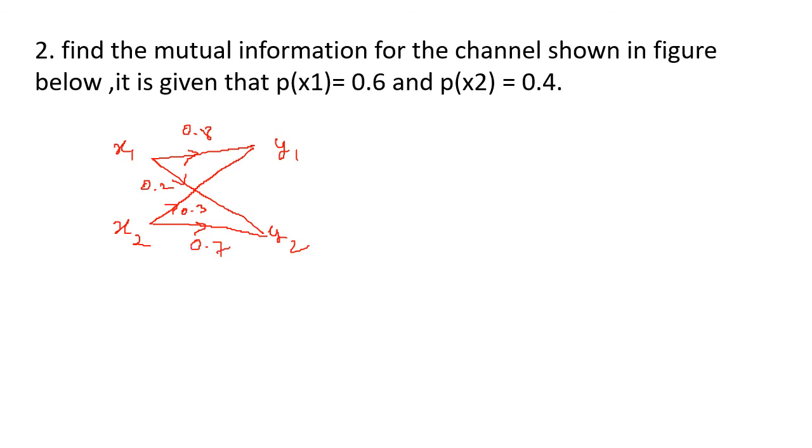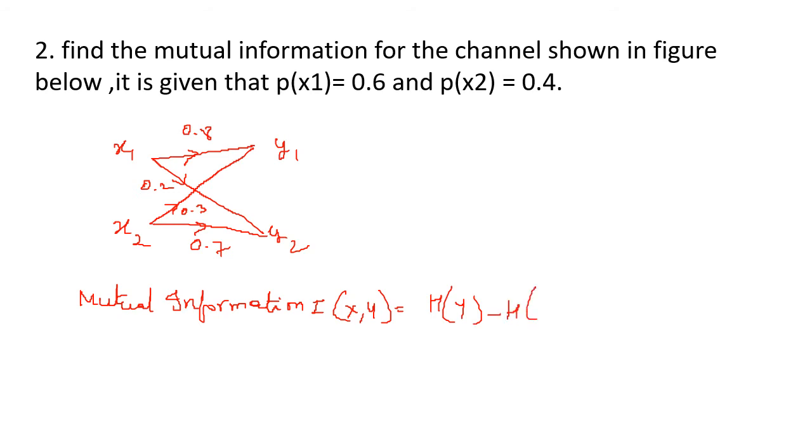So mutual information is asked. So by the definition, we can write mutual information as I(X,Y), which is H(Y) minus H(Y/X). So we need to write the channel matrix first.